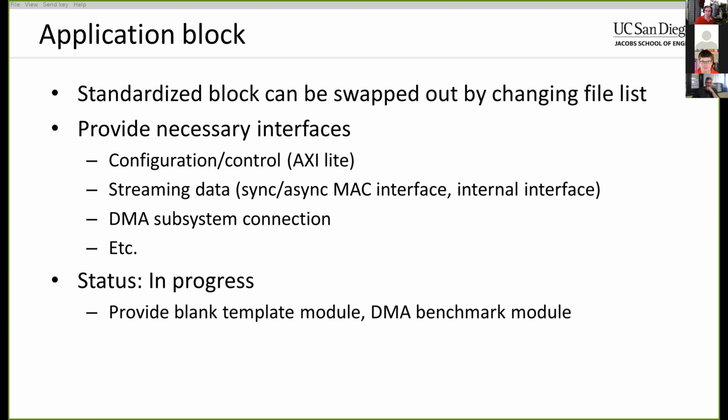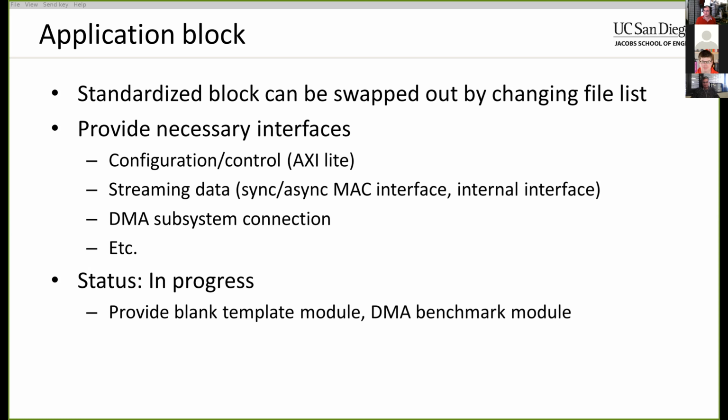And then also eventually we're going to have a separate internal interface that's going to be connected on the far side of the internal FIFOs. And then we have the connections to the DMA subsystem, so you can perform DMA read and write operations from the application section. We're going to have connections to PTP time. Eventually, there's potentially going to be a bunch of flow control stuff that has yet to be determined at this point.